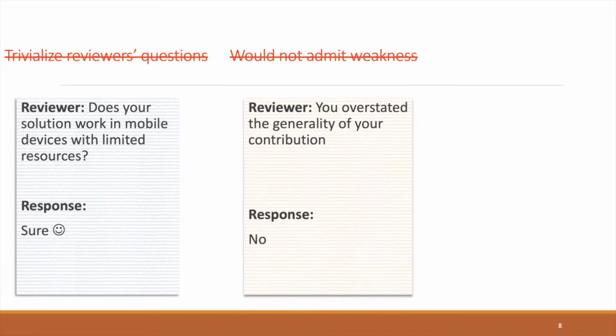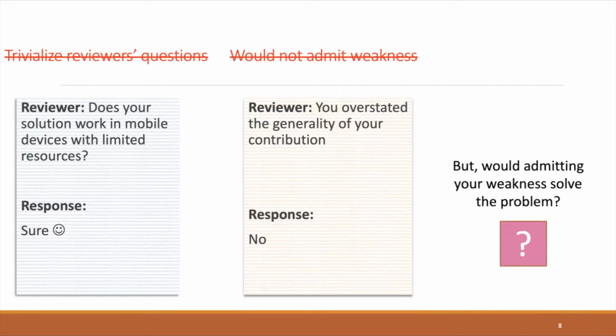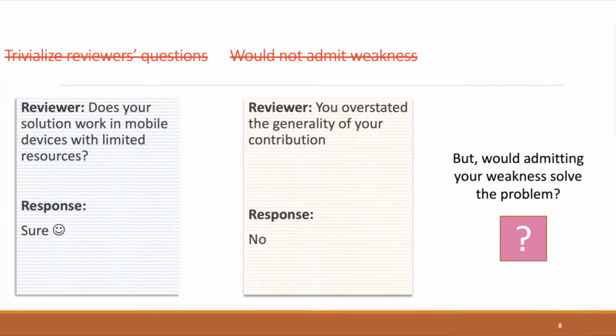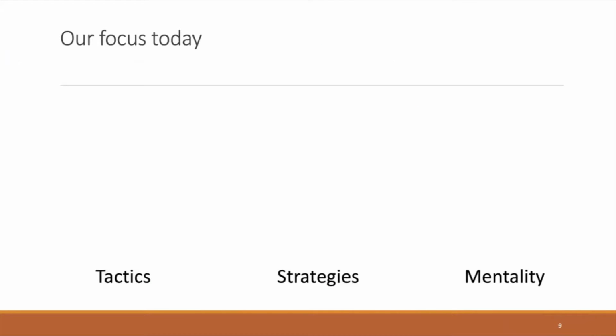If people say you're overclaiming, you should seriously consider toning down your claims. But of course, if people say your solution is not secure and you say, okay, it is pretty weak, that's not going to help for a security conference. So you do have to choose when to back it down and when to stand your ground.